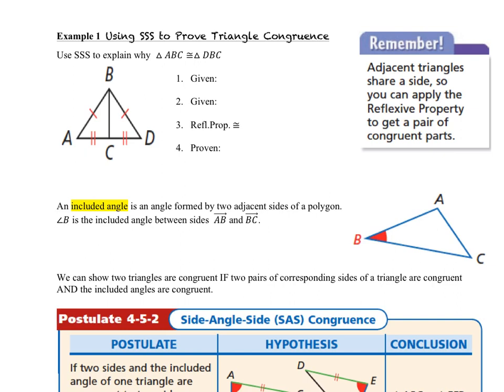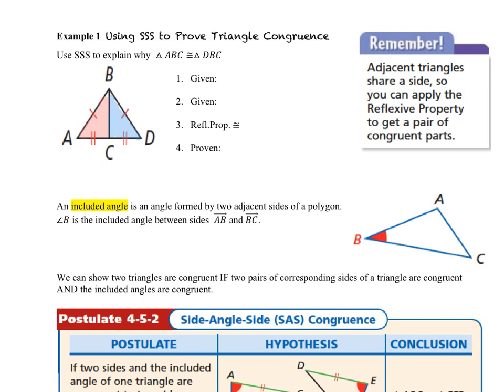Okay, let's look at our first proof here, using SSS to prove triangle congruence. Use SSS to explain why triangle ABC is congruent to triangle DBC. So triangle ABC, let me highlight it. We're trying to prove that this triangle is congruent to DBC, this triangle.